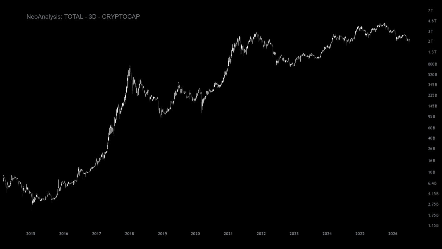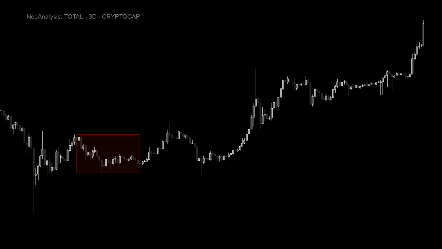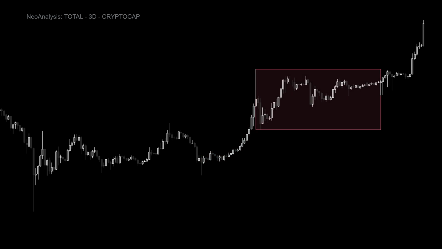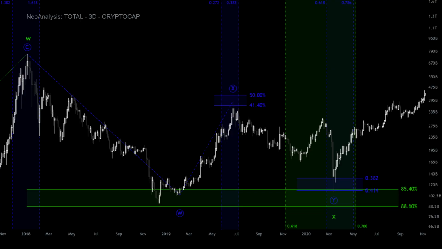Markets can be understood as a visual expression of human behavior and psychology. NeoWave provides a structured framework for interpreting the repeatable patterns that emerge from this behavior. These patterns are analyzed through measurable relationships in time, price, and proportionality. NeoAnalysis uses common duration, retracement, and extension levels, as well as Fibonacci ratios, to assess wave relationships and the nesting of degrees.